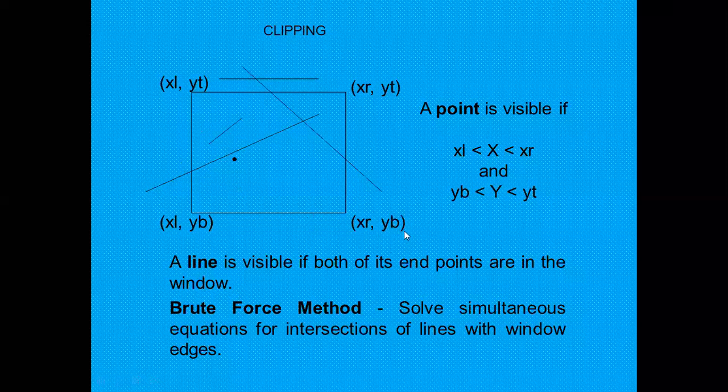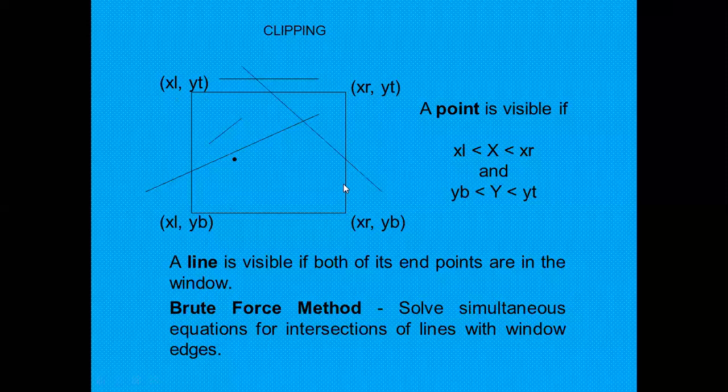So this is called yb, meaning y bottom. So xl, yb is the left bottom, then xr, yb. Again come to this corner, this vertex, xr, meaning x right, and then yt, the y top. And the last vertex is xl comma yt, meaning x left comma y top. So there are four vertices of the window. With the help of these coordinates, we can draw the window.